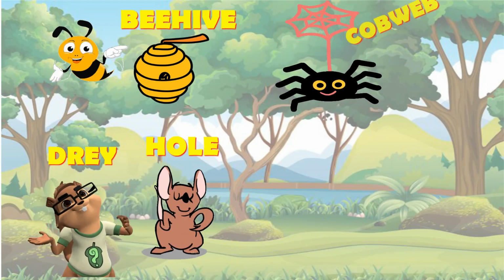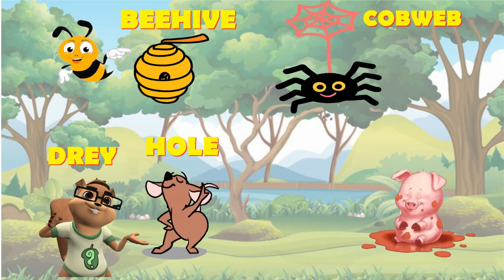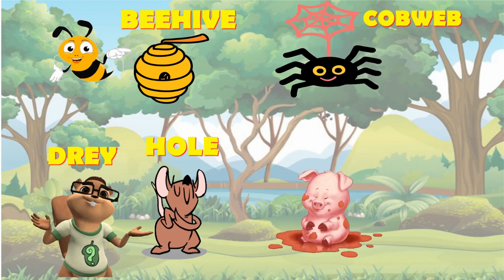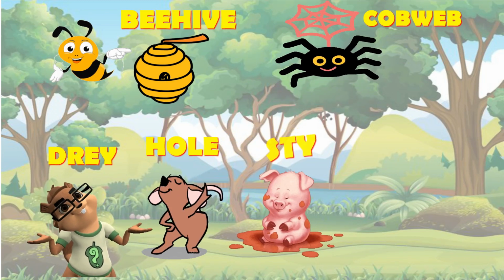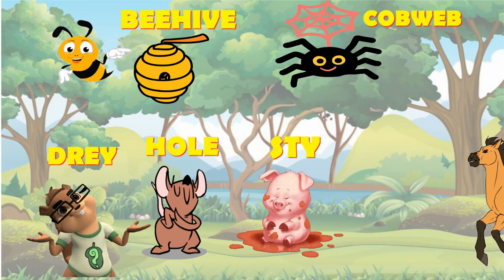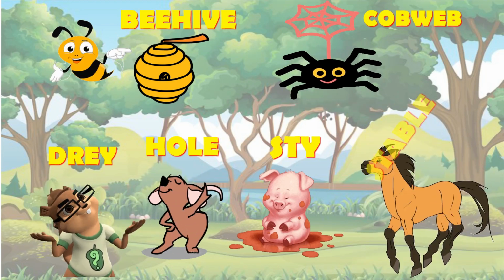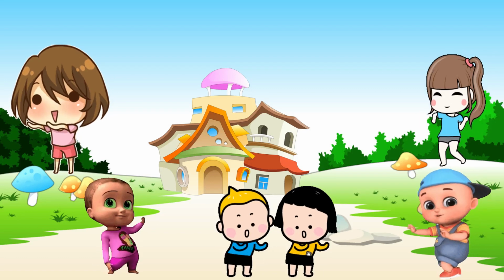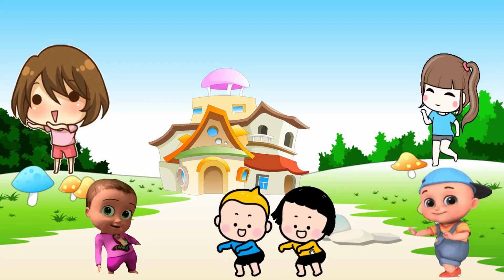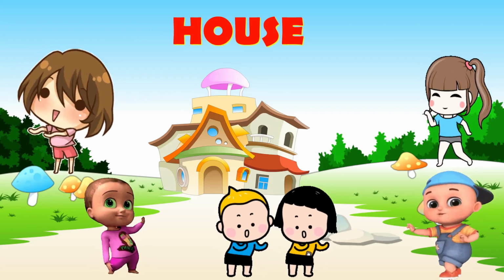I live in my cobweb, joyful and happy. Dear pig, where do you live? I live in my sty, joyful and happy. Dear horse, where do you live? I live in my stable, joyful and happy. Dear pigs, where do you live? I live in my house, joyful and happy.